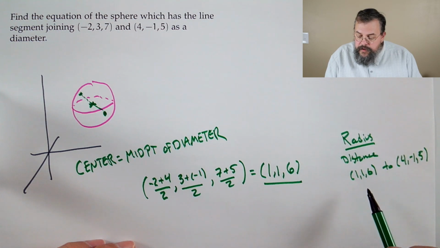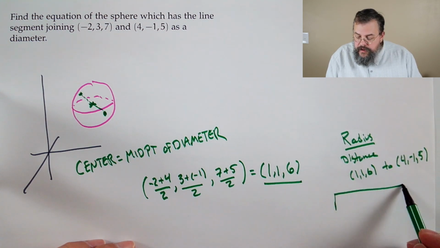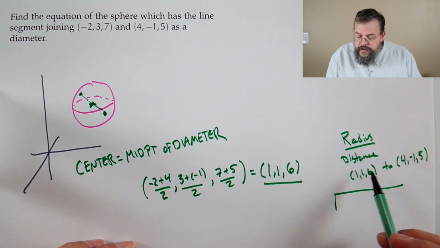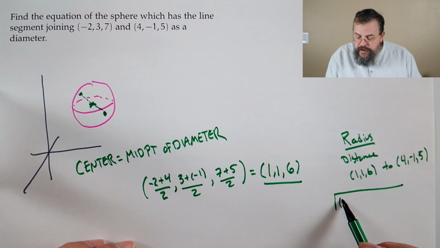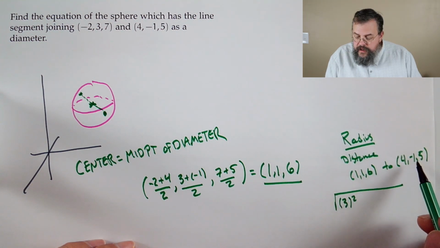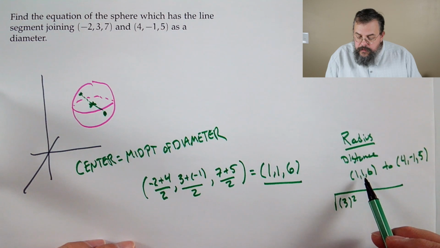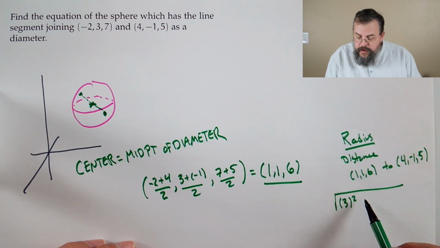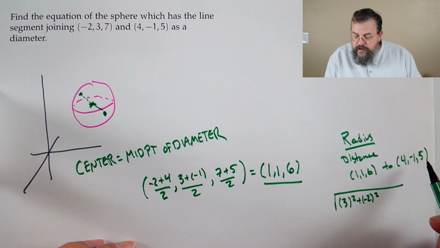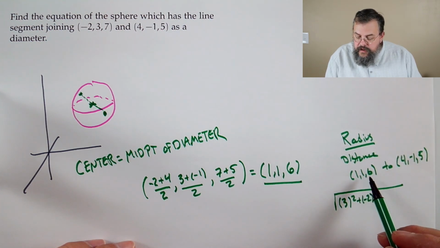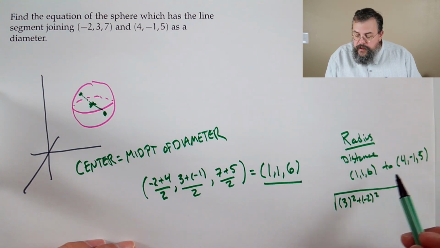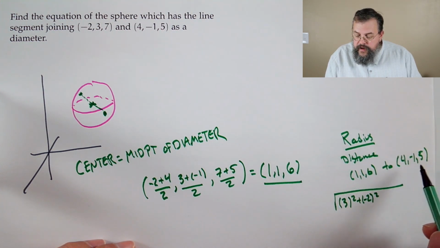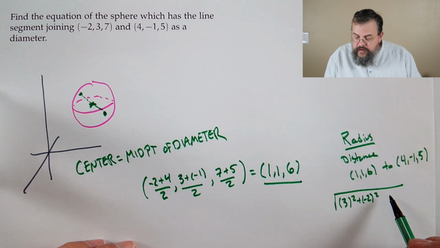And now we say, okay, so that's going to be the square root of, so 4 subtract 1, well, that would be 3 squared. -1 subtract 1 is -2, so -2 squared. 5 subtract 6 is -1 squared.